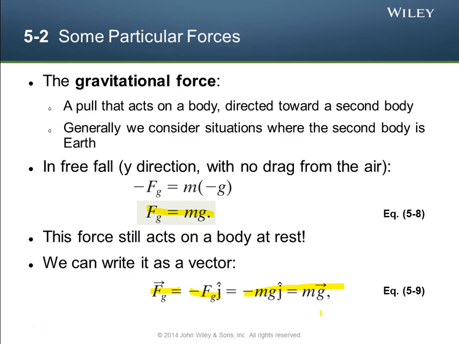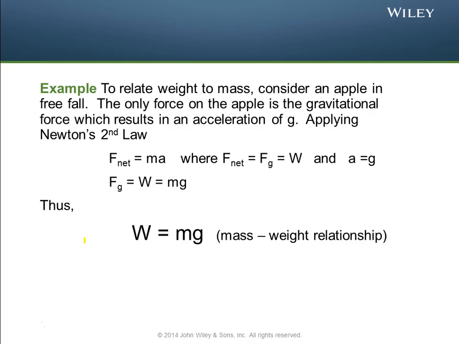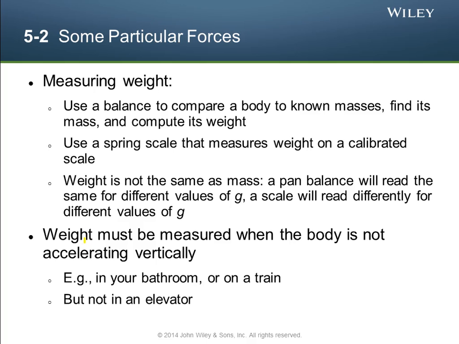Or we can say that g is its own acceleration vector, where it has that negative j hat component. We call this the weight, the force due to gravity, and oftentimes we'll even use a capital W as our force for the weight here. And so we know that that's just the mass times baby g.